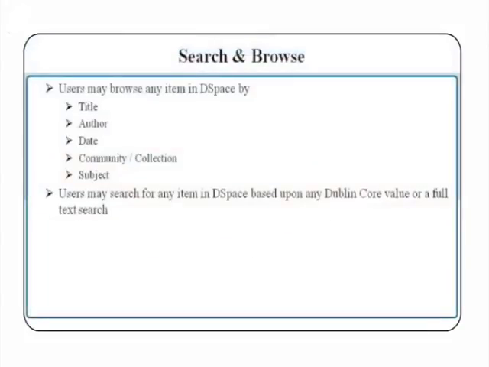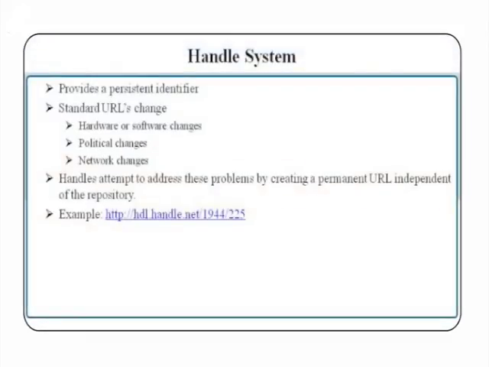DSpace allows end users to discover content in a number of ways, including via external reference such as handle, searching for one or more keywords in metadata or extracted full text, browsing through title, author, date or subject indices with optional image thumbnails, etc. In the present web world, the universal resource locator URL of digital content may change due to the change in hardware or software, change in network or because of political change.